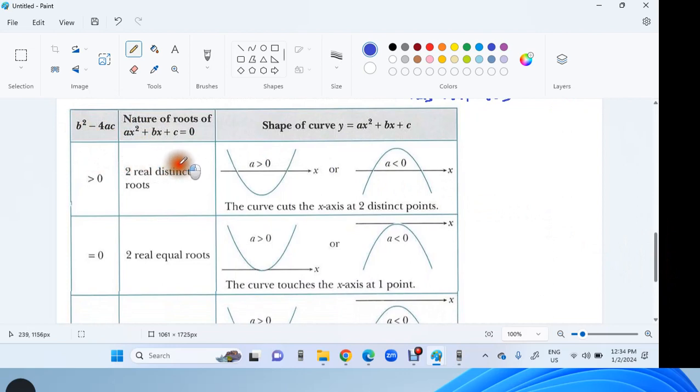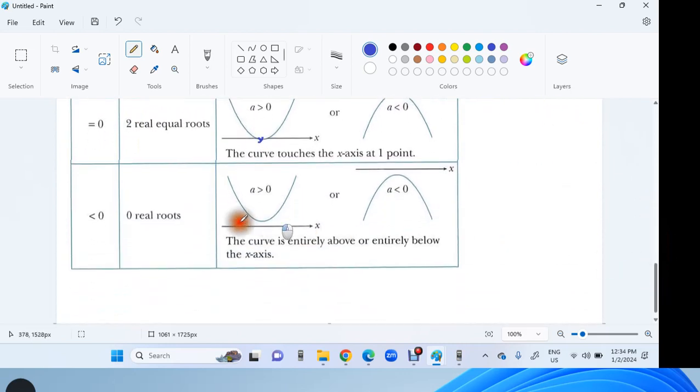Then we have 2 real and distinct roots. We know that the graph for a quadratic, when a is greater than 0, is concave upward. Less than 0, then it is concave downward. So for this one, 2 real roots will look like this. 2 real and distinct. Equal, then they will touch at 1 point only. Less than 0, then no real root.